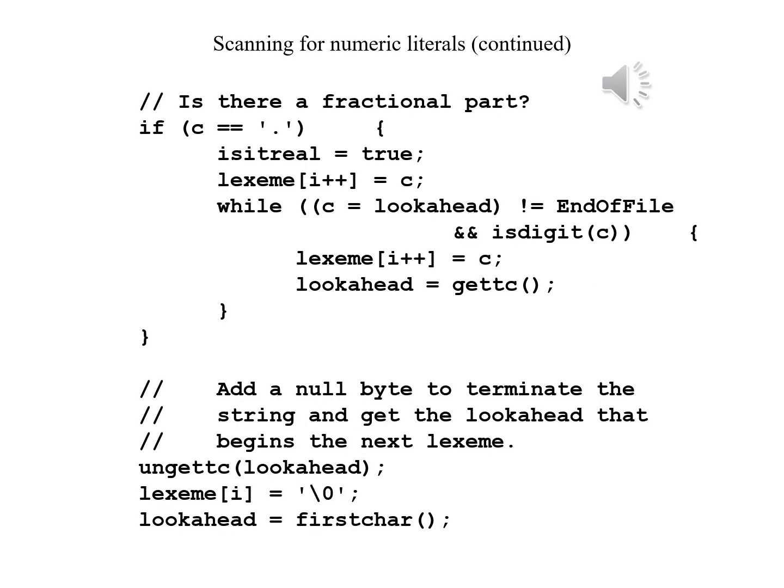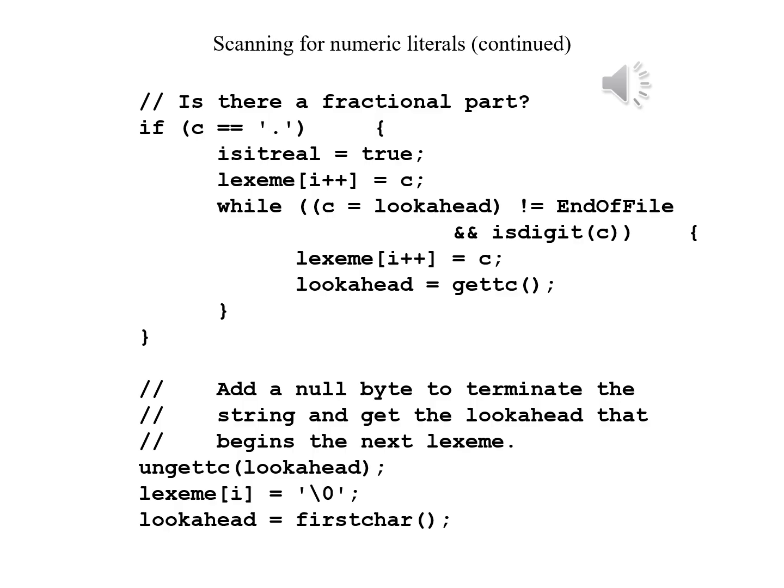If that look-ahead that was not a digit is a period, that means it's a decimal point and there's a fractional part to the number. Is it real is now true. We concatenate the decimal point to the lexeme, and as long as we get look-aheads that are not the end-of-file marker, and they are a digit, we will concatenate them to the lexeme and get the next look-ahead.